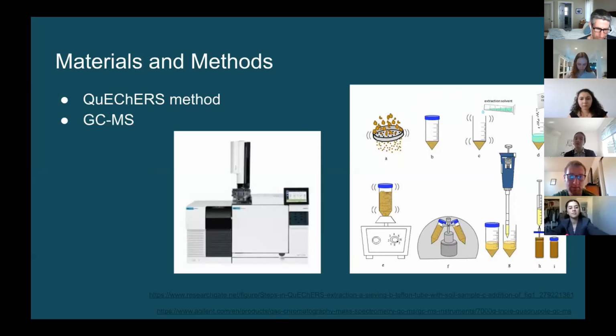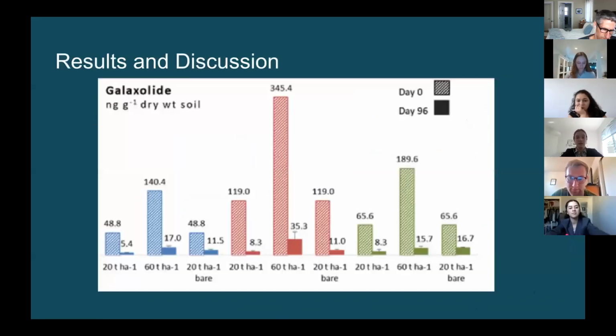Once they had those extracted, they used a gas chromatography mass spectrometer to look at the concentration of those organic contaminants in each of the things they were analyzing.